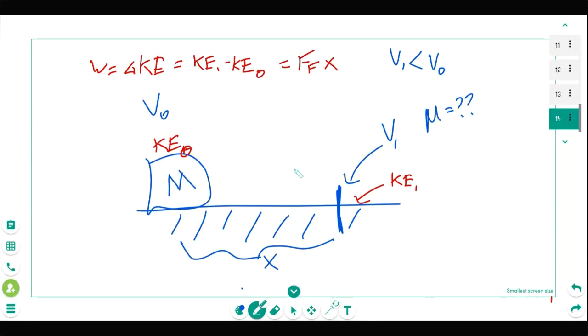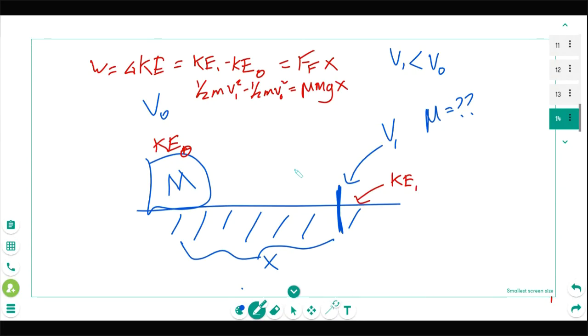So we're trying to find mu here. So this will be 1/2 m v1 squared minus 1/2 m v0 squared equals mu m g x.